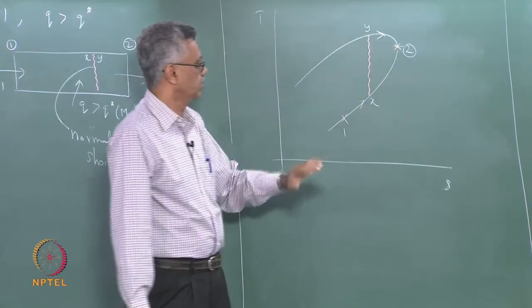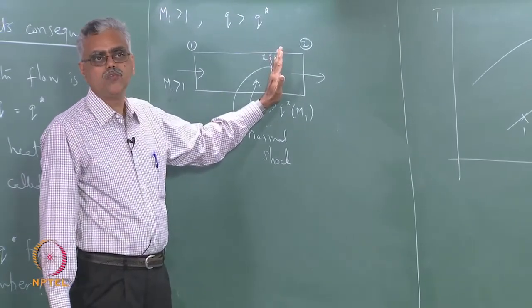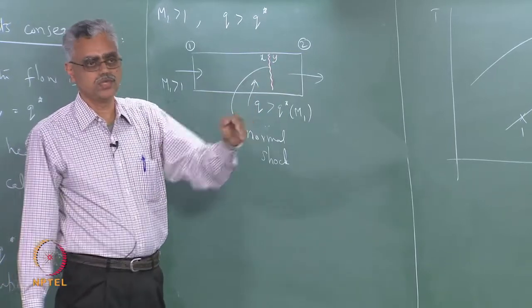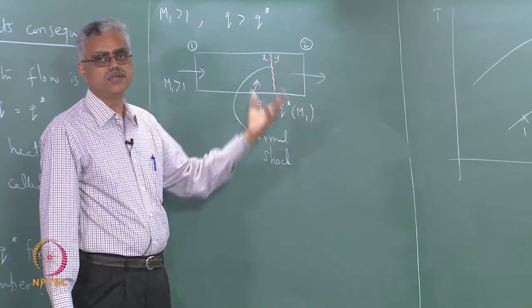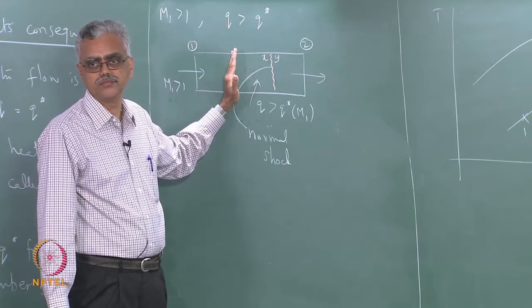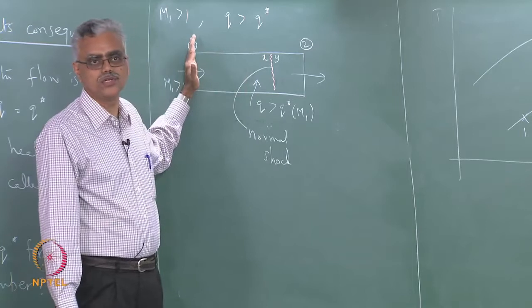The location of the normal shock will depend upon how much Q is more than Q star. If Q is only slightly more than Q star, then this normal shock will be further down. As I keep increasing the Q, this normal shock will keep moving further and further up. Eventually, the normal shock may stand at the entrance to the duct itself.